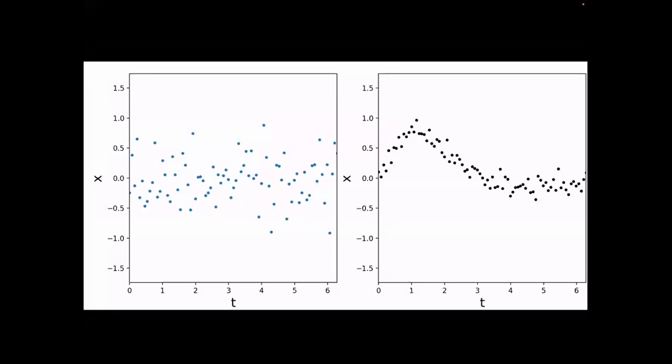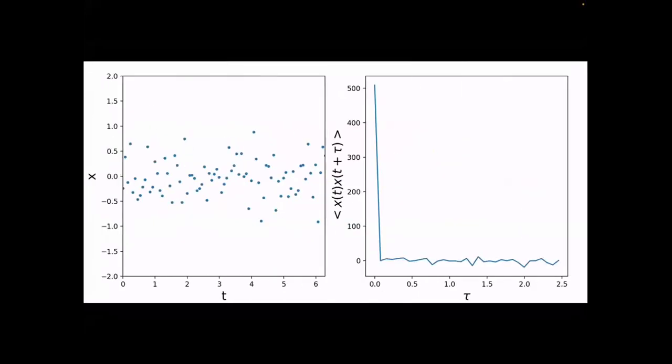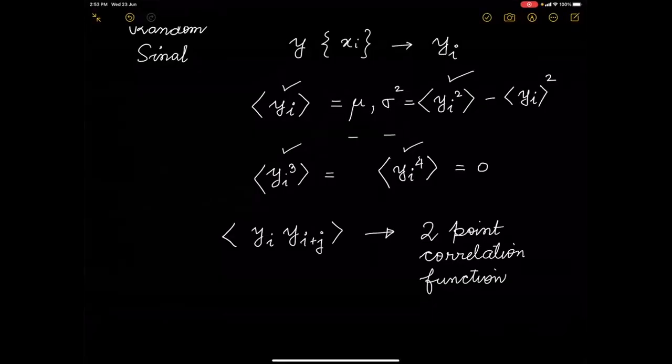If it stays positive at 1, at 2 it will also stay positive. Let's look at the autocorrelation function, the 2-point correlation function. For the first signal, which was in blue, if I measure the 2-point correlation function at j equals 0, what will that give me? Any idea?